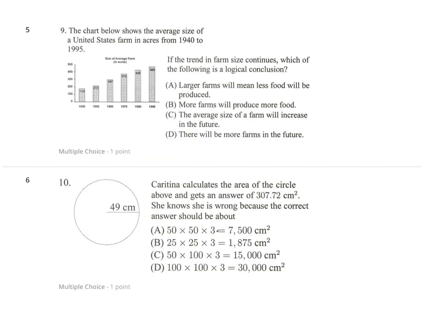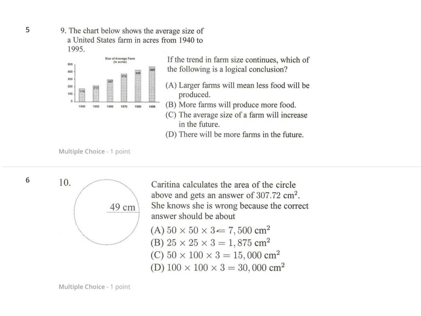Next up is a graph analysis question. So here we have a bar graph, and it says the chart below shows the average size of a U.S. farm in acres from 1940 to 1955. If the trend in farm size continues, which of the following is a logical conclusion?